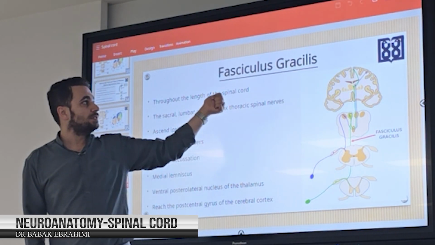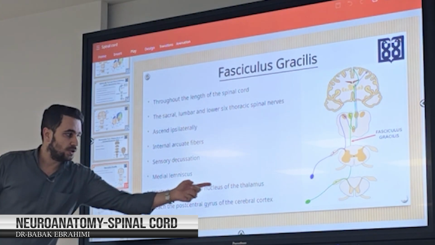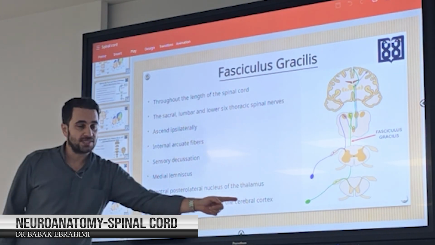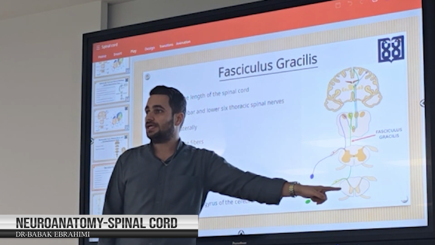What are the differences between gracilis and cuneatus with anterior spinothalamic and lateral spinothalamic? No, both of them go to the thalamus. Look at here, VPL nucleus of the thalamus, and then to the cerebral cortex. The difference was the second order neuron.